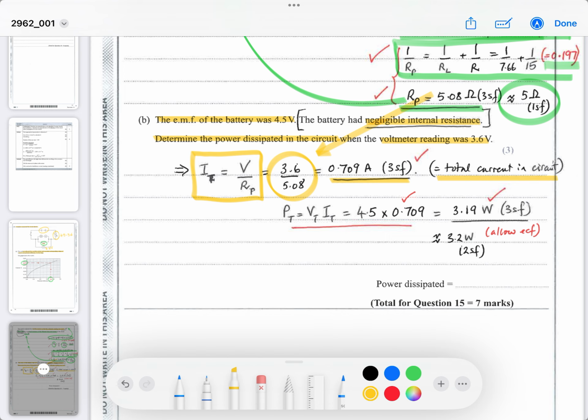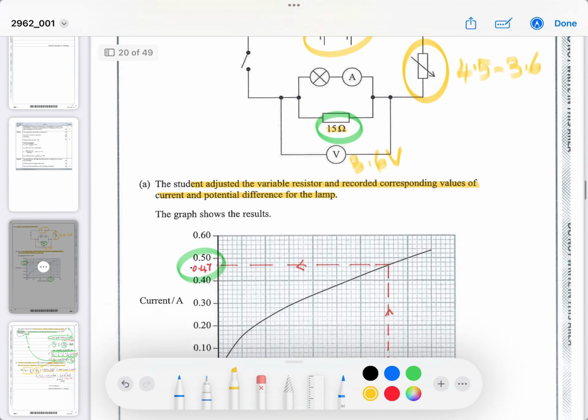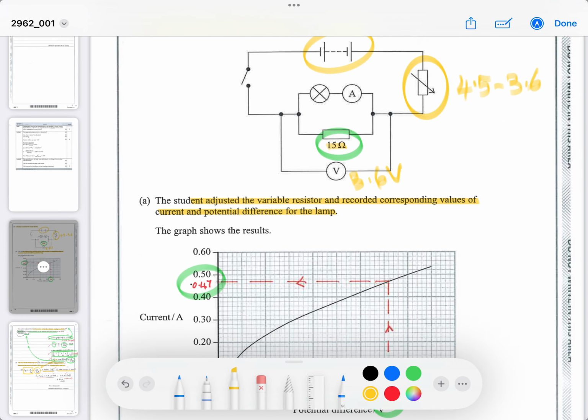Let's have a look at why it's the total current in the circuit. In the parallel section, some current is going through the resistor, and some of it is going through the lamp, and they join up here. So the total current for this section is the sum of the currents through the two resistors.